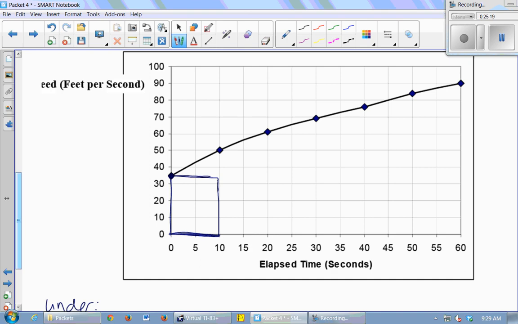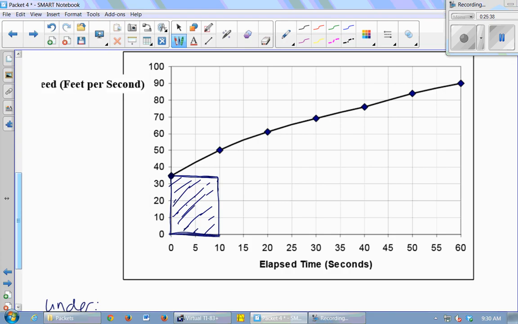Okay, so we're going to assume that this car was traveling at 35 miles per hour for this whole 10 seconds. Even though over that 10 seconds it actually accelerated from 35 to 50, we're going to assume it just stayed at 35. And this will give us an underestimate for how far the car went.